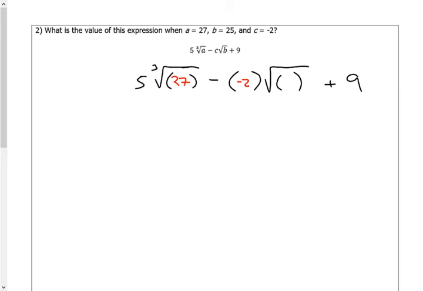And instead of B, it's going to be 25. Oh, minus. And I get 34 as my solution here.